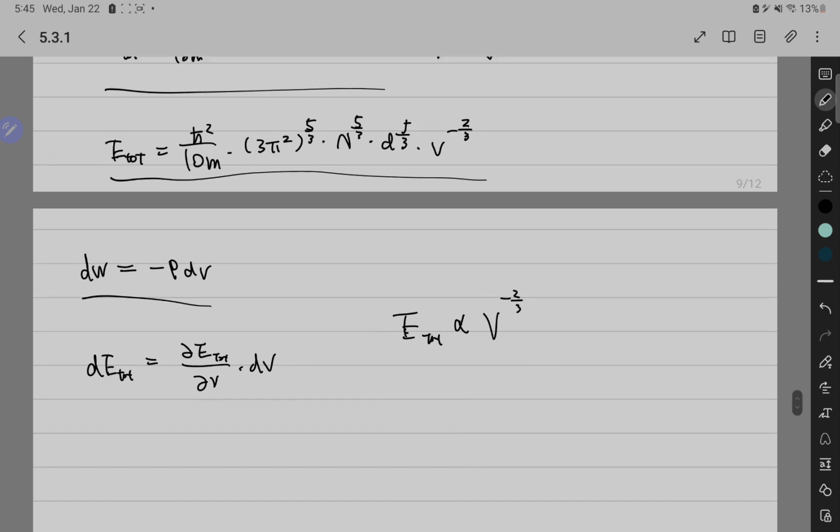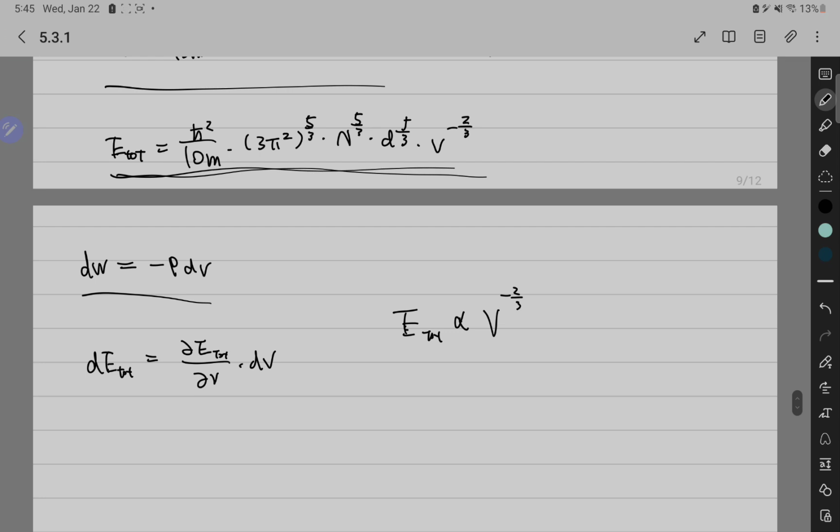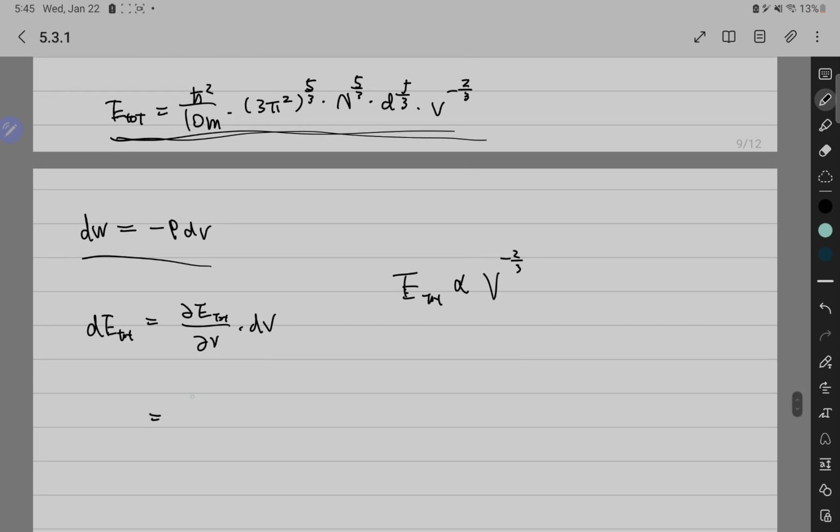If you treat everything else as constant and only take the partial in terms of V, then you get negative 2 over 3 E total over V, with V to the power of negative 2 over 3 minus 1, which is negative 5 over 3. So this is what you get.